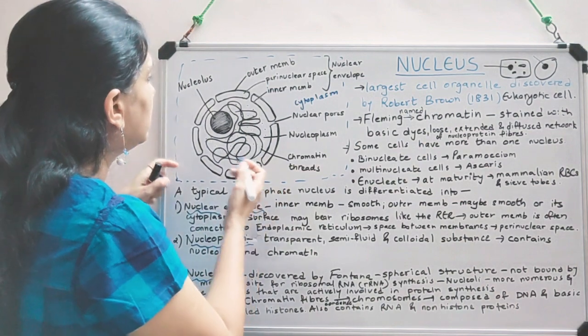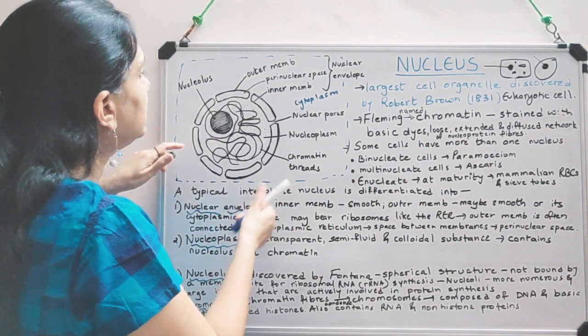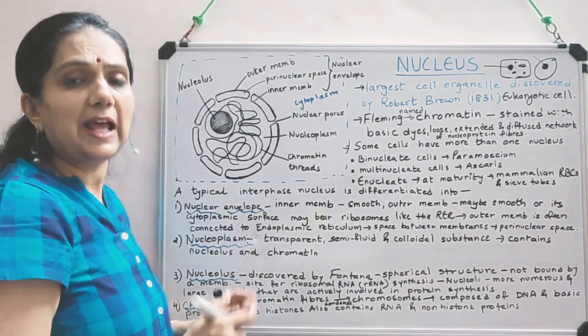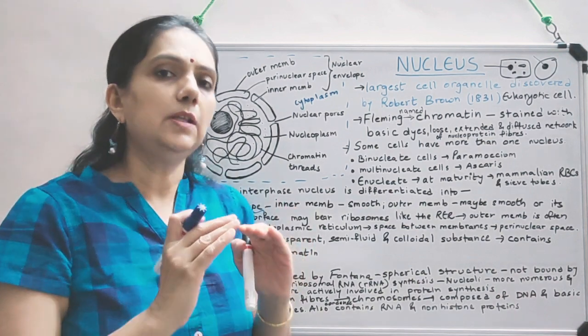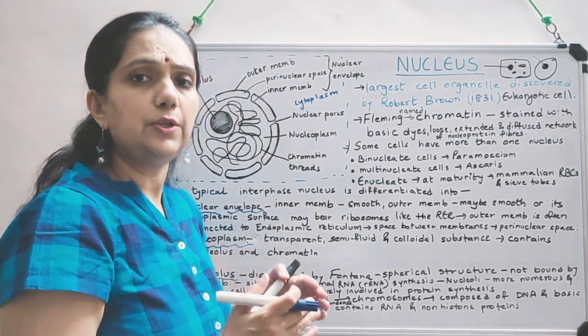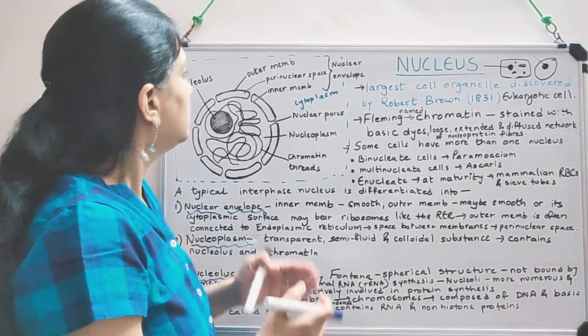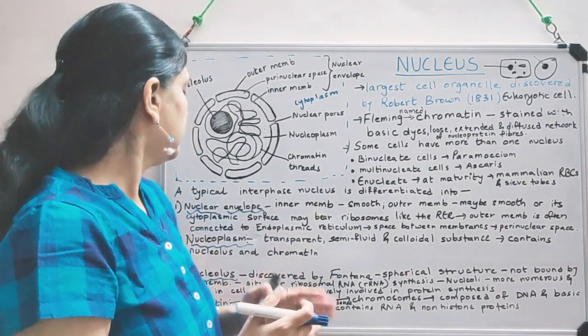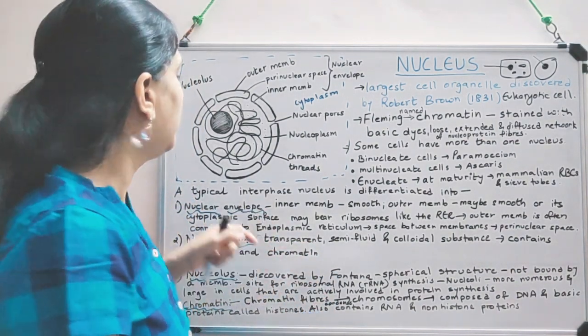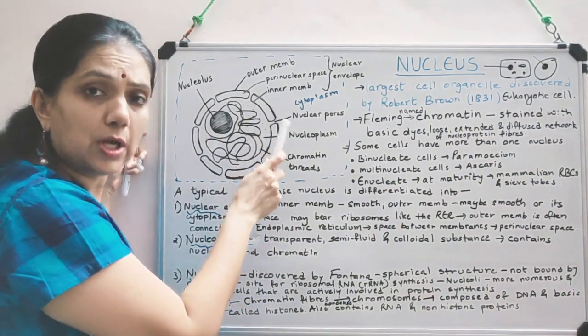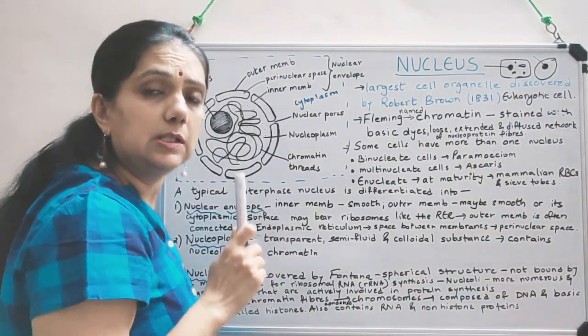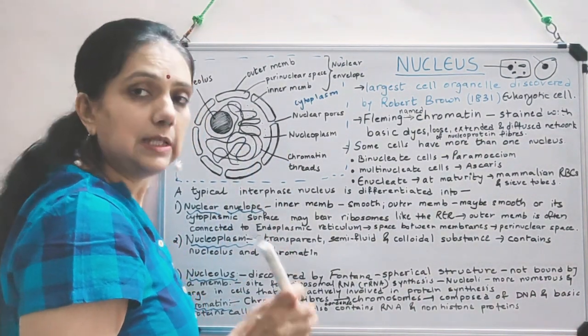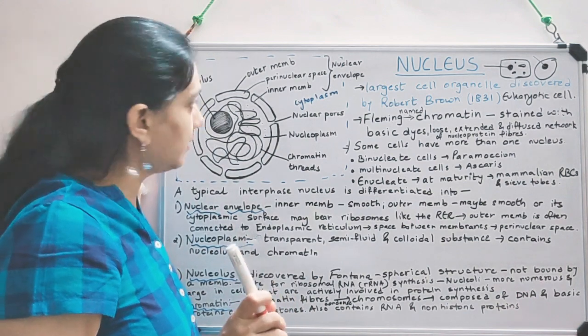So I have drawn here. You can see now the nuclear envelope, anything that is covering the nucleus, or you also call it nuclear membrane. So the covering around the nucleus, that is the nuclear envelope. Now this structure, that is nucleus, is double membrane bound, means it has two membranes wrapped around it.